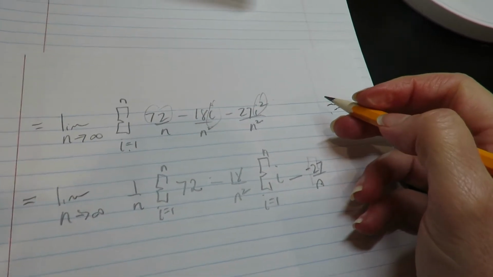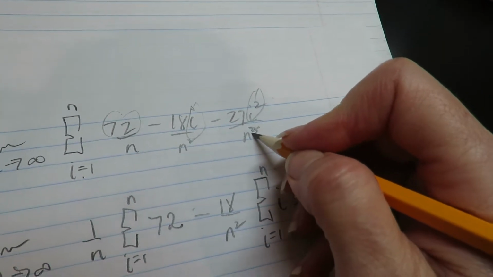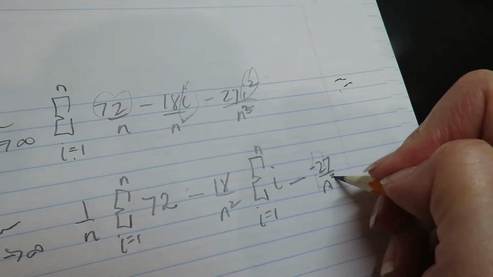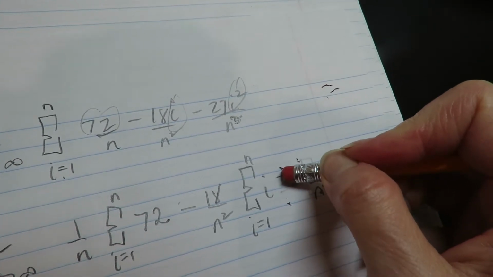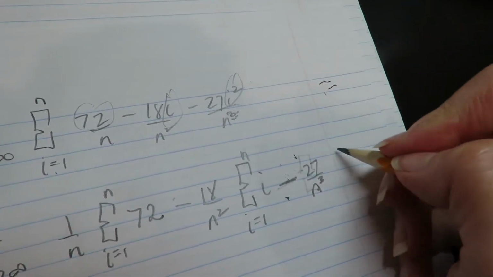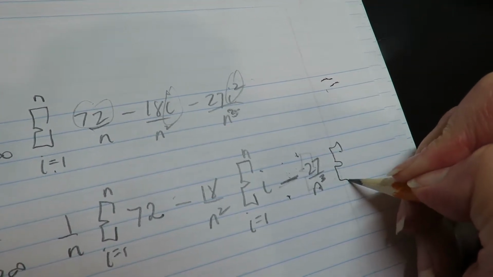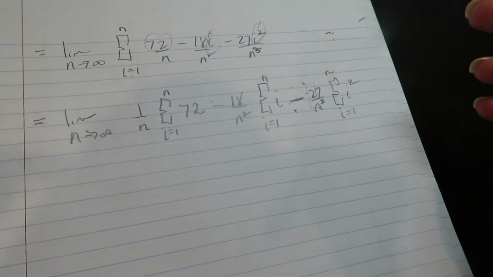Hold on, I need one more n here. Yeah, always give me a chance. Sometimes I don't see something but then I catch it. I just caught that, thank you. Okay, so minus, this is i squared.